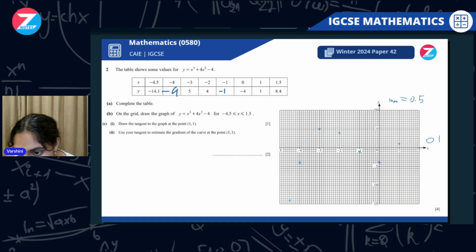So 1.5 is going to be 1.1, 1.2, 1.3, 1.4, and 1.5 along this line, and 8.4 on the y-axis, which is going to be, so we know 5 is over here, 5.5, 6, 6.5, 7, 7.5, 8, and 8.5. We're going to approximately round it off to 8.5, which is along this line. So, which will be right here.